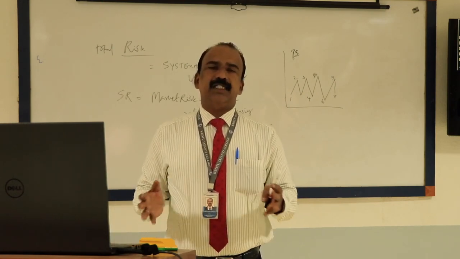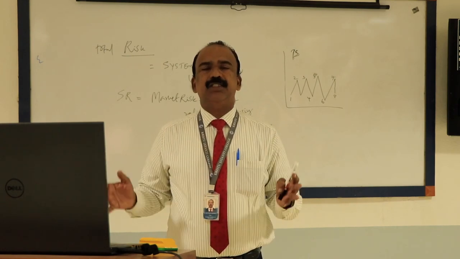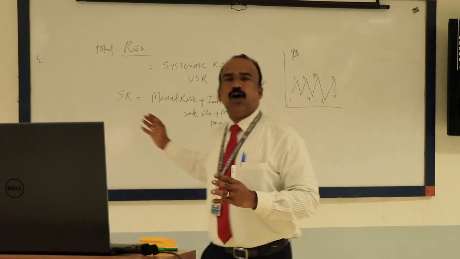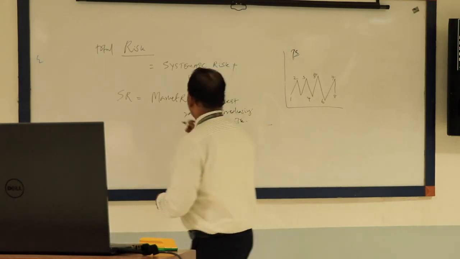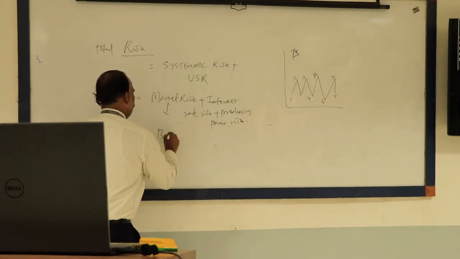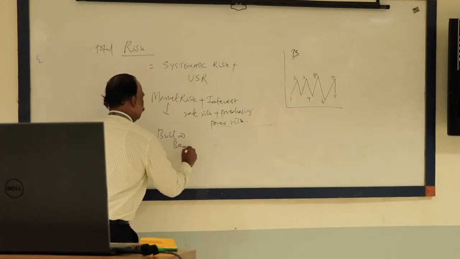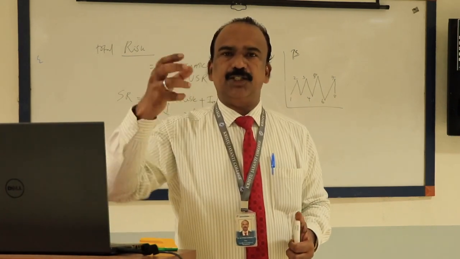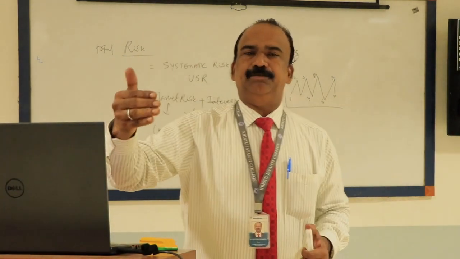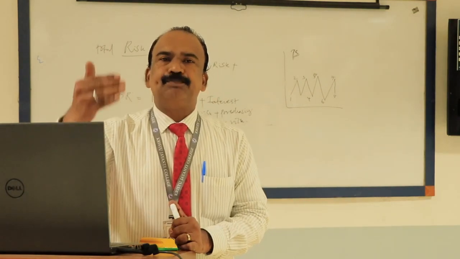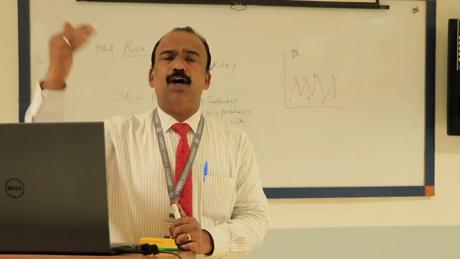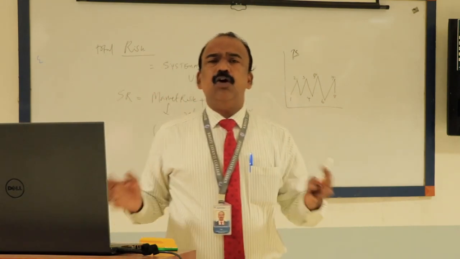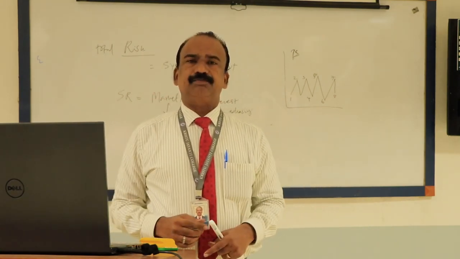These bull and bear forces, companies do not have any control over. So that is called market risk. Market risk is bull and bear, that is, the demand and supply of a stock on a particular day. No company can have control over it.